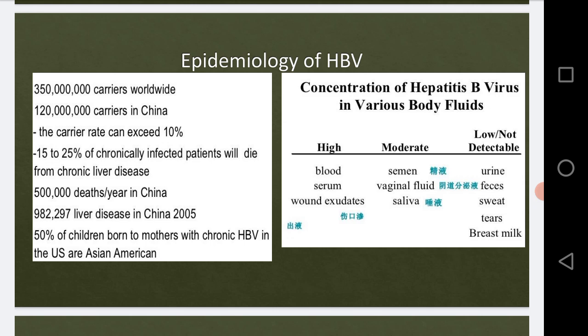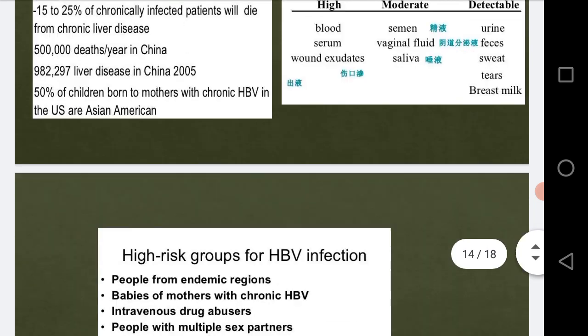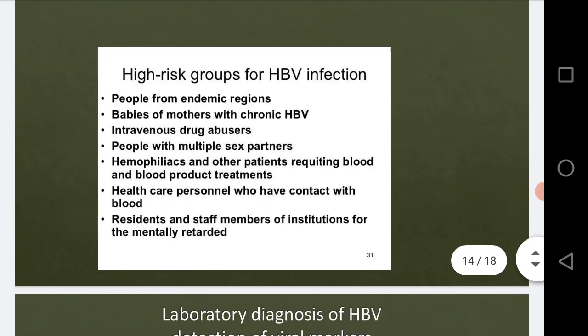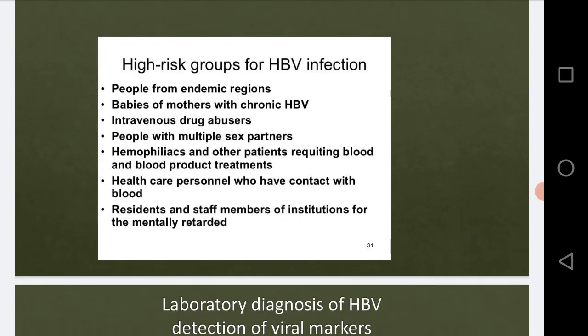This is the epidemiology. Continuing the epidemiology, as I mentioned, there are some groups at the highest risk of this infection. First one, who are they? The people from the endemic region. Endemic regions means what?